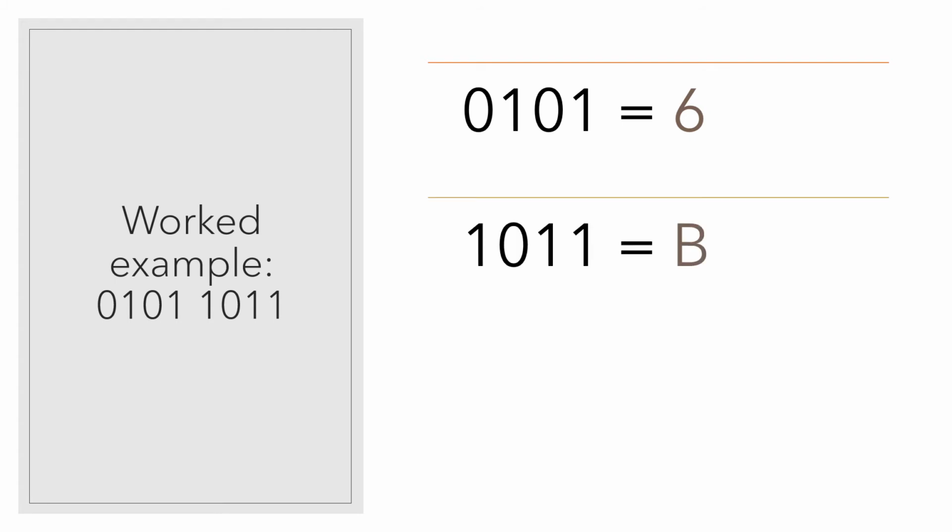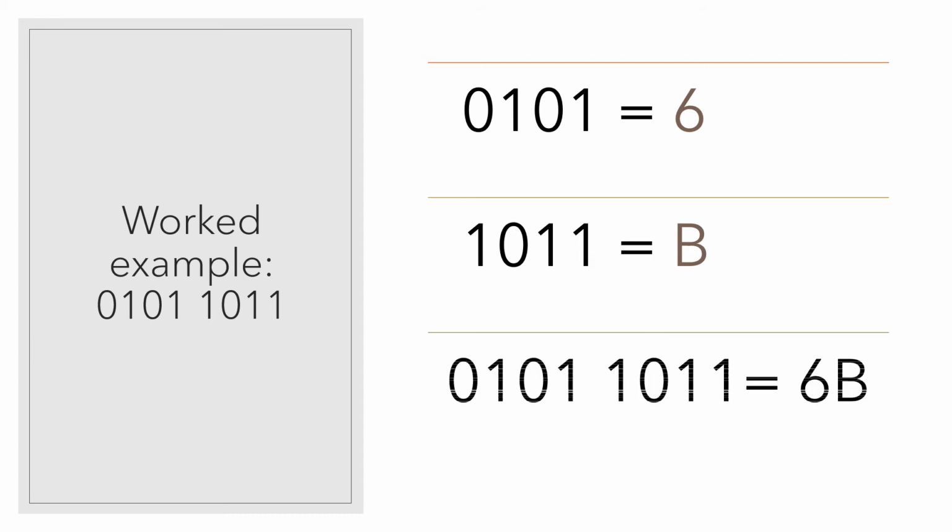Here's another example. The first group of bits stands for 6, and the second group of bits is equivalent to the hexadecimal number B. It's actually 11 in decimal. And so that number represents the hexadecimal number 6B.